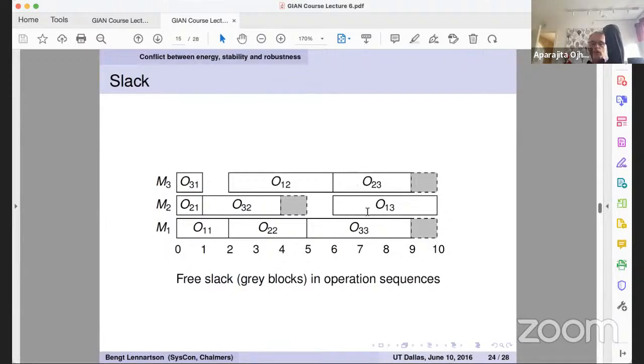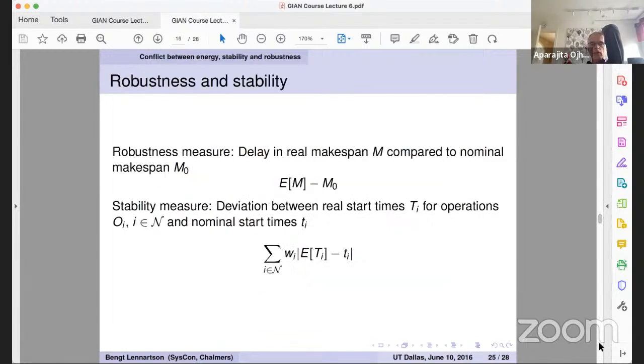So obviously here there is a conflict between robustness, stability, and this energy consumption. So then we had an additional work related to that.